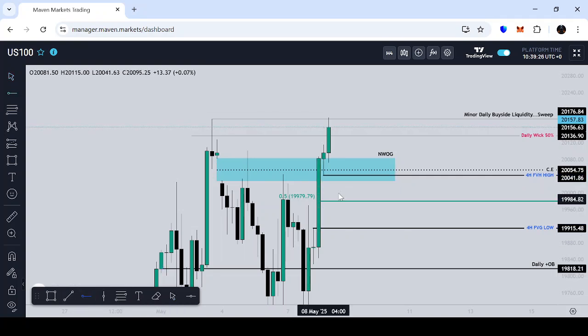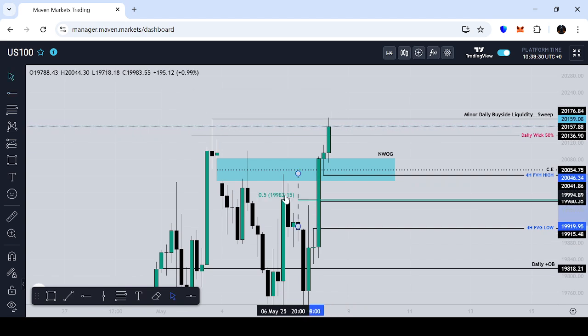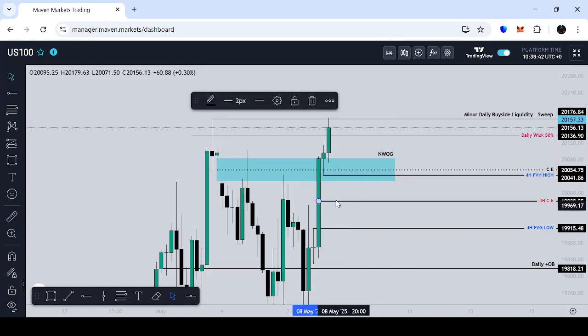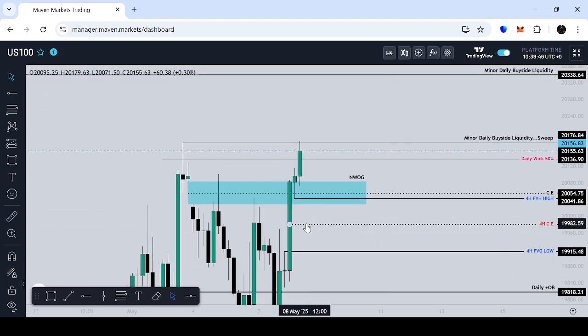So you can annotate it, then you can remove your Fibonacci. That's the 4 hour consequent encroachment, which is here. Here is the new week opening gap, and here is the consequent encroachment.